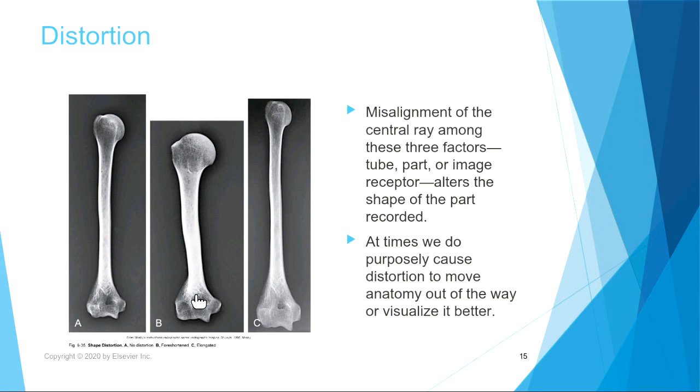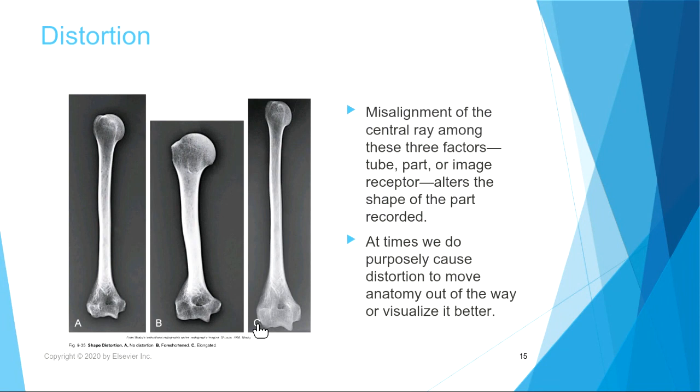But if we look at these pictures, this right here, picture A, shows no distortion. This is a humerus. Picture B is foreshortened, meaning this same bone is made to look much shorter than it actually is because there was a misalignment of either the tube, the part, or the IR.